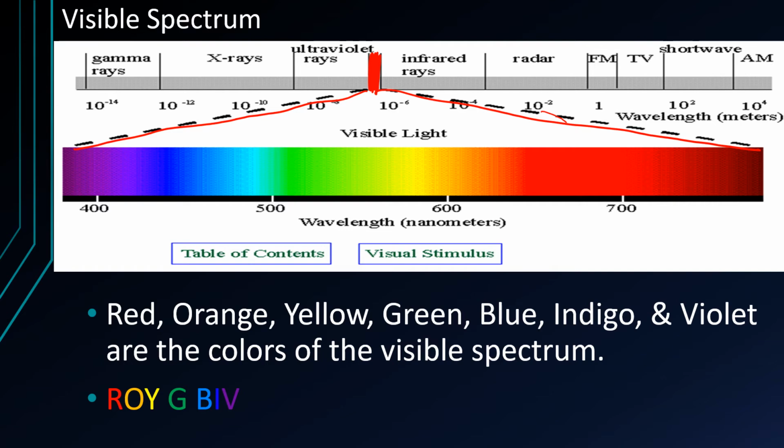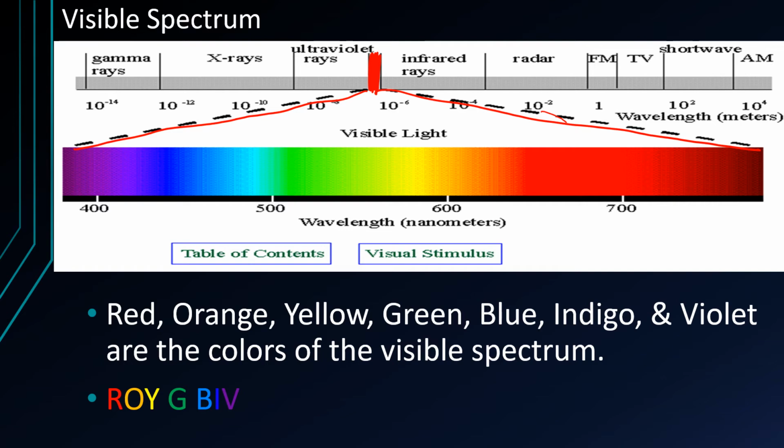Now, one thing we have to keep in mind, red, orange, yellow, green, blue, indigo, and violet are the colors of the visible spectrum, or Roy G. Biv. You've probably heard that before. One thing we need to keep in mind and kind of rework in our mind is when we think of hot, we think of red. And when we think of cold, we think of blue.